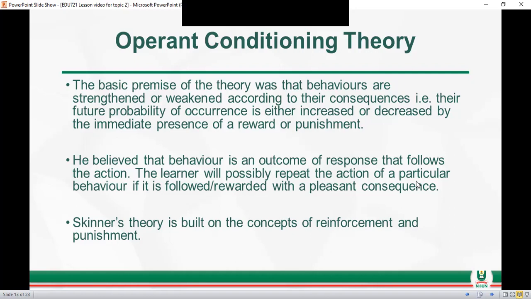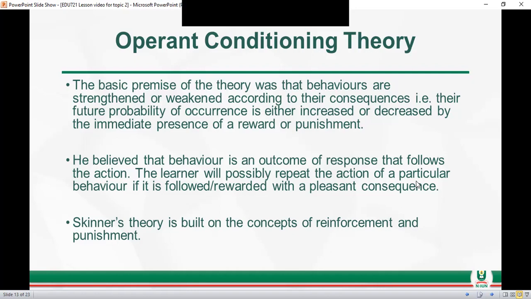They are relevant to our homes, to our classrooms, to our environment, to how we deal with people. Skinner is mostly concerned with the response, how we carry out, how we do things, how the behavior you put up at every point in time can be repeated or not repeated based on the consequences of that behavior. That is what we're talking about.